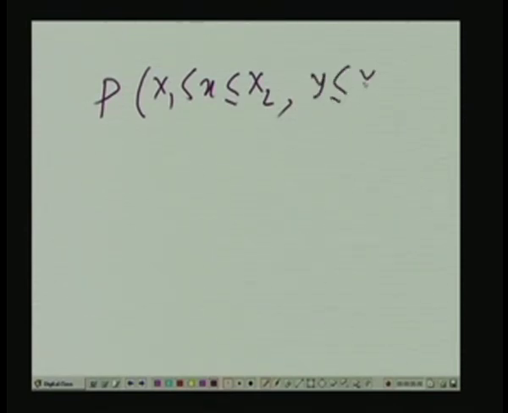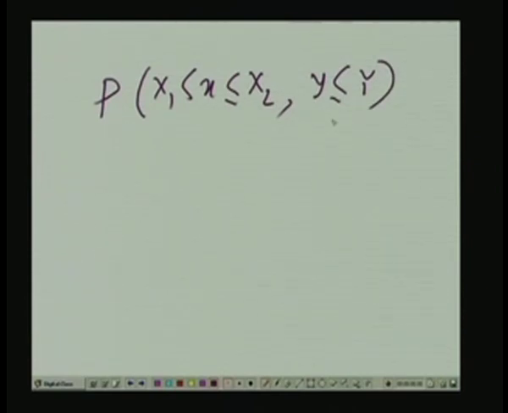Then consider this. What is the probability of x taking value less than or equal to some x2 greater than x1, and y taking value less than or equal to some y?